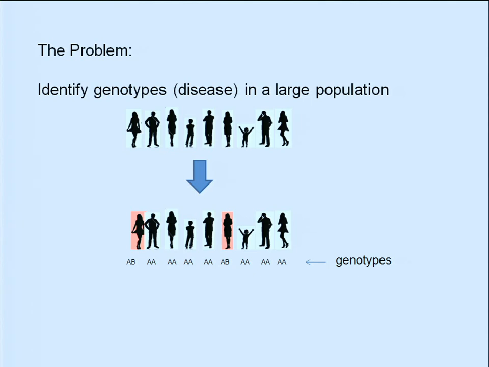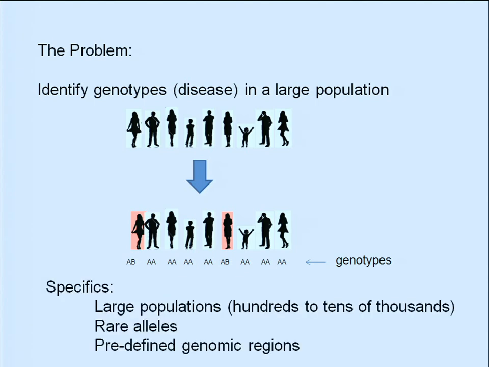The wild or reference genotype is AA, since humans are diploid, and the carriers are AB. The specific characteristics of the problem are, first, we want to screen large populations. We're talking about hundreds or thousands of people. Second, and very important, the alleles you're after are rare, so most people don't carry the mutation.